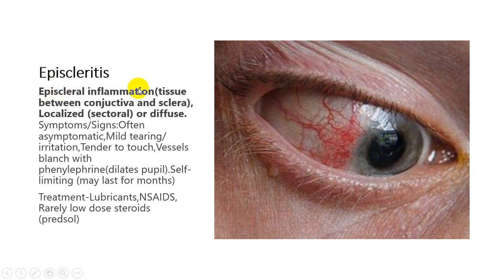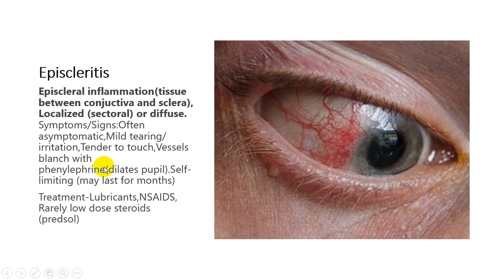Episcleritis. What is episclera? It is the tissue between the conjunctiva and sclera, and inflammation in this area is episcleritis. It may be sectoral or diffuse. Often asymptomatic, with mild tearing and irritation, tender to touch, and vessels blanched with phenylephrine.